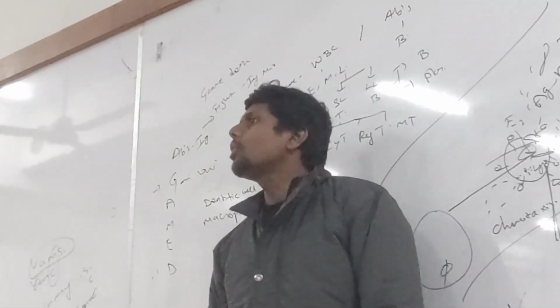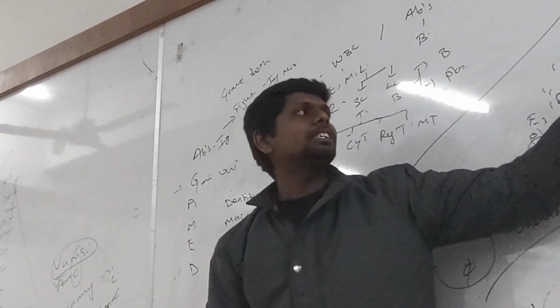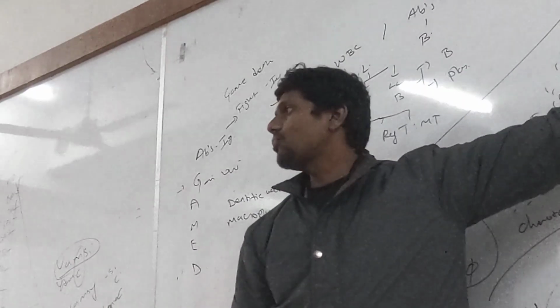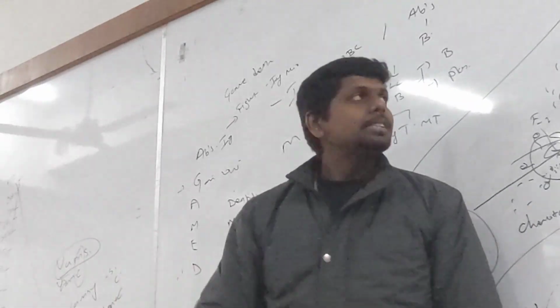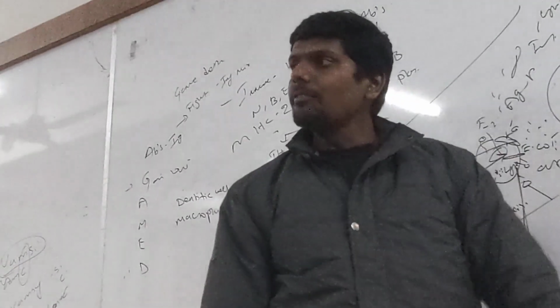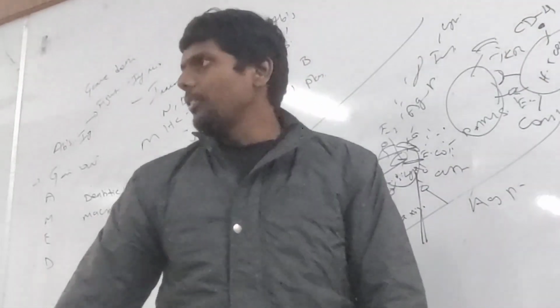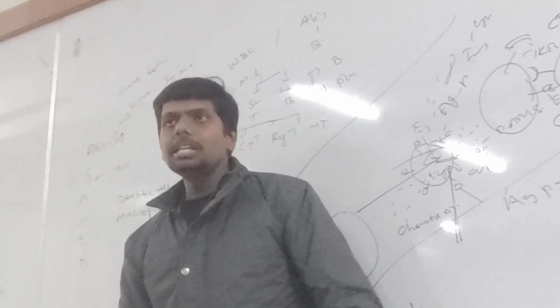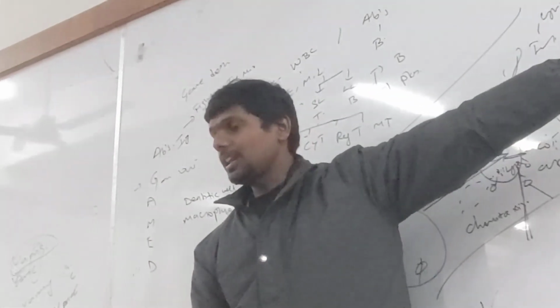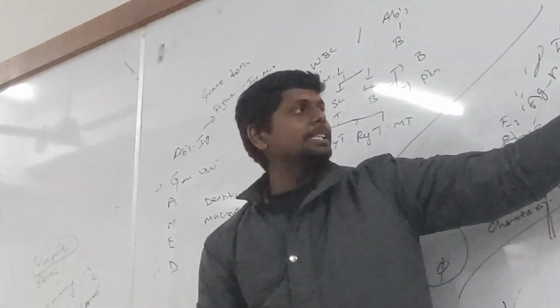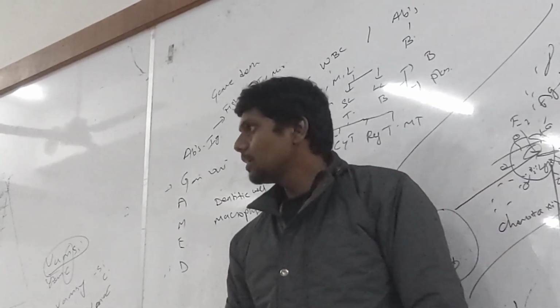Helper T cells are also called CD4 cells because they have the surface protein cluster of differentiation 4. And cytotoxic T cells have CD8. Now I have given new terms. Cytotoxic T cells have the CD8 protein, whereas CD4 is for helper T cells.